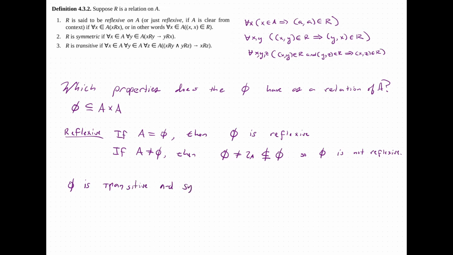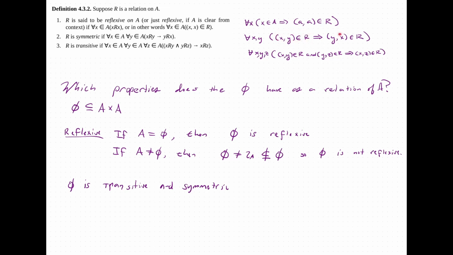And the reason is by the definition. So if we look at the restated definition here, what symmetric means is that for every x and y, if x comma y is in R, then y comma x is in R. But the R in our case is empty. So this here is false. And we saw with the conditional, a false premise gives us a true statement.